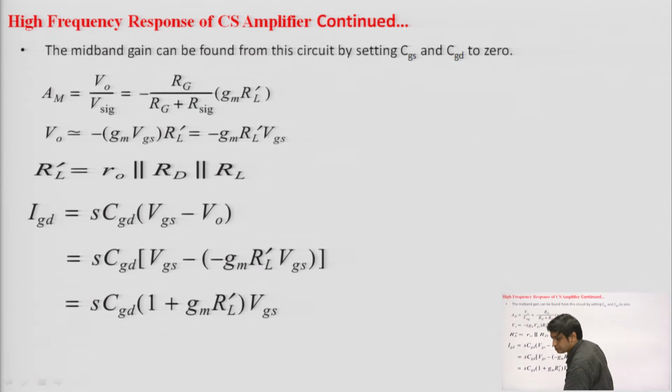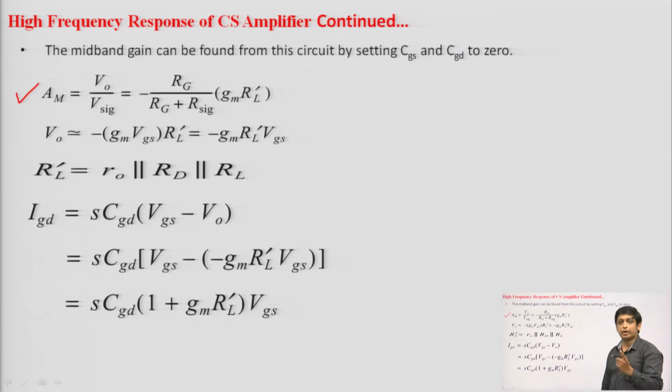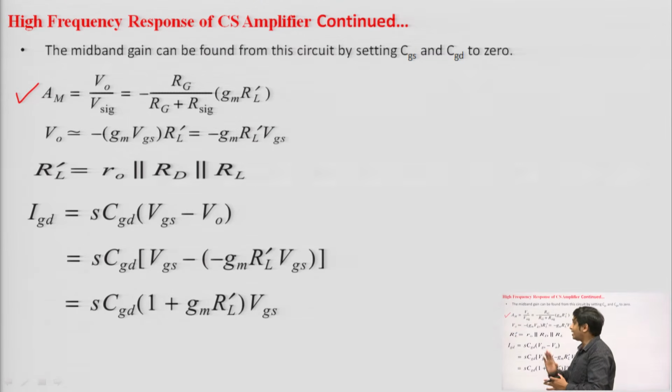Now, coming to the calculation part, we can easily calculate the midband gain, V naught upon Vsig. We have already calculated it in unit 1. In unit 1, we calculated the overall voltage gain, Gv, and here that Gv is represented by Am, the midband gain.